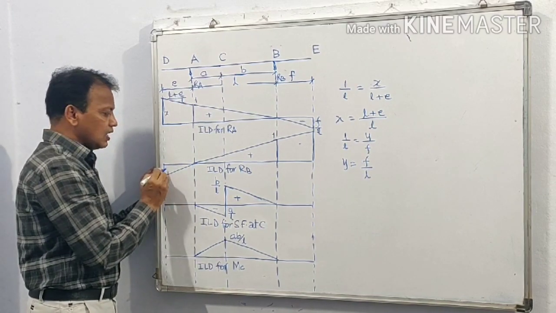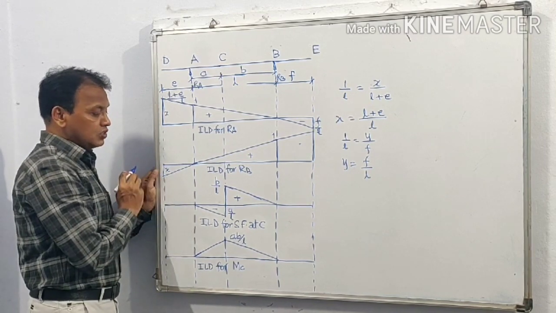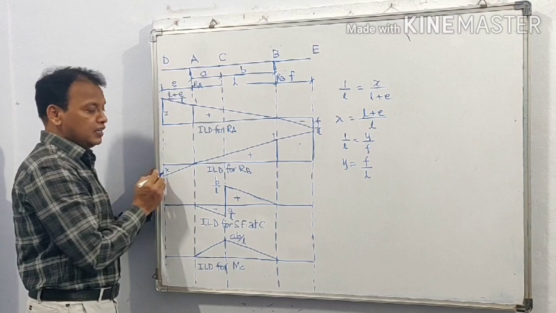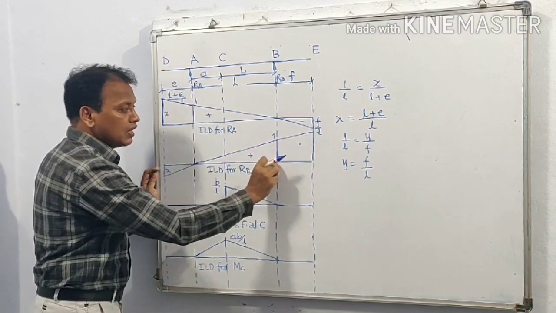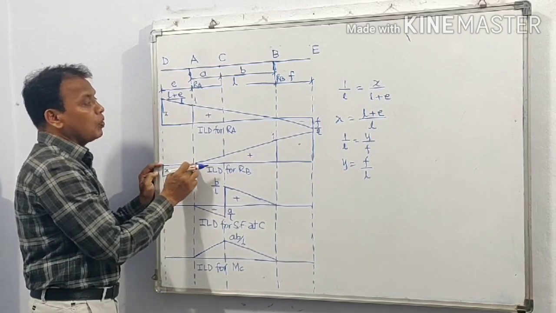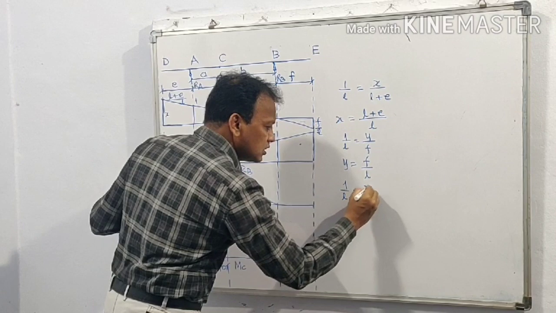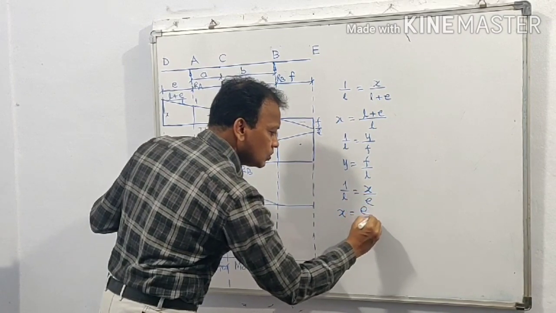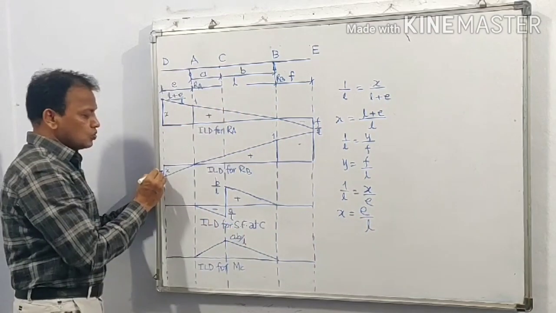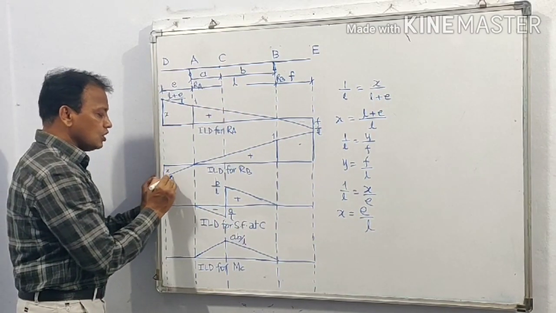Both these are similar triangles. Now we can find these ordinates. Let this ordinate be x. So 1 upon L is equal to x upon E. Therefore x is equal to E upon L. So we are getting this ordinate x is equal to E upon L.